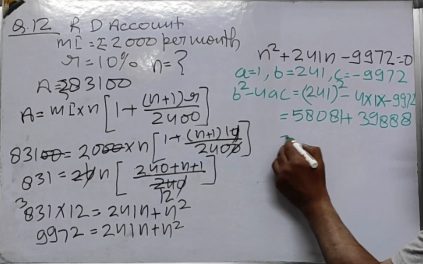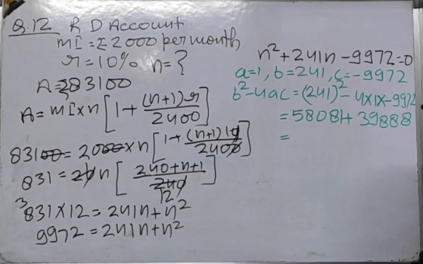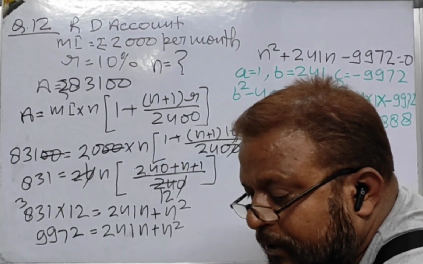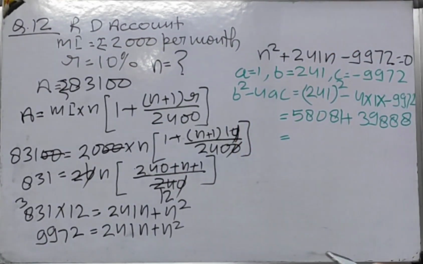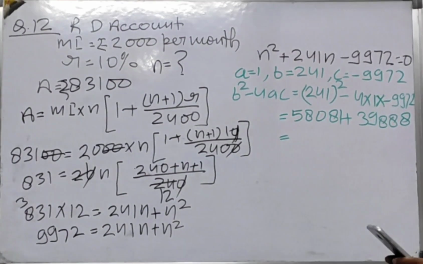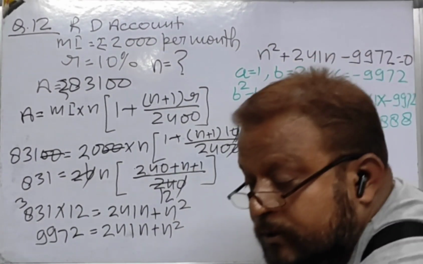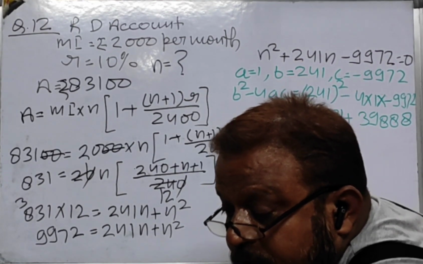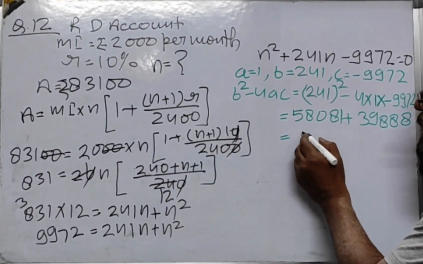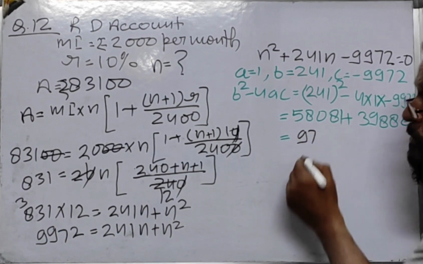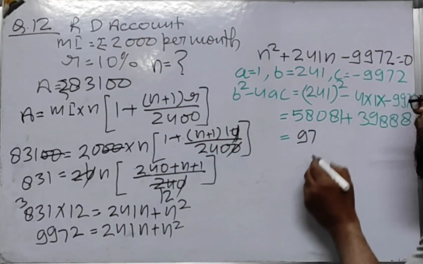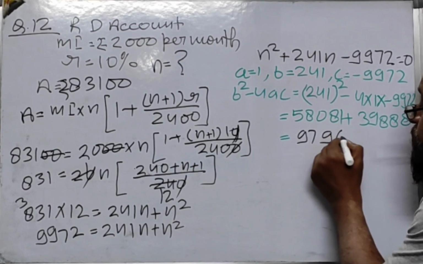Getting 39,888. This is how much? 97,969.